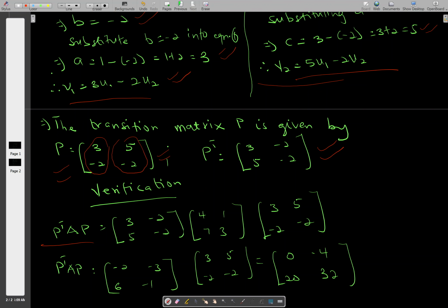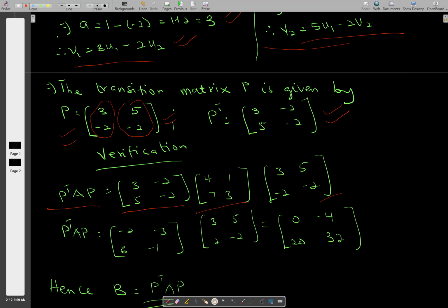So we have P transpose, the transpose of the transition matrix, this is our A and this is our P. First of all, we multiply the first two matrices. That's row by column: you consider each row, then you multiply by each of the columns of the matrix A.